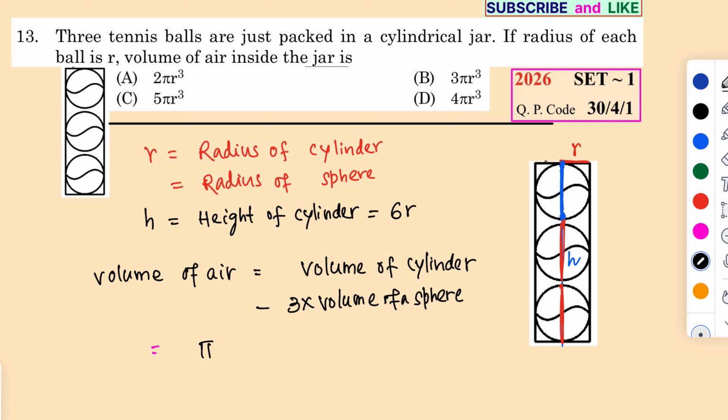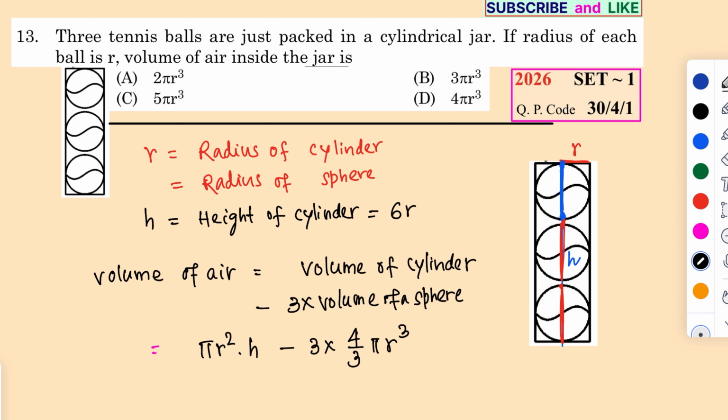The radius of the cylinder is same as the radius of the sphere, so we can write r square. In place of h we can write 6r, minus 3 into volume of the sphere. Volume of the sphere is 4 by 3 pi r cube.